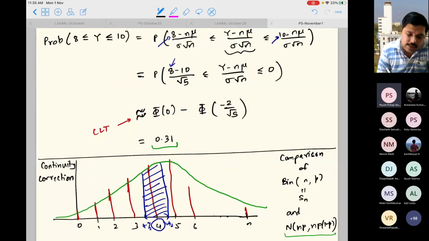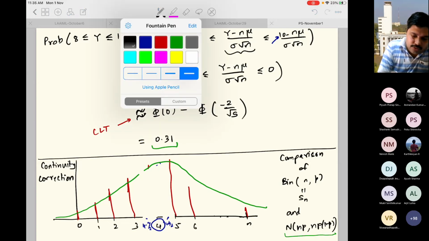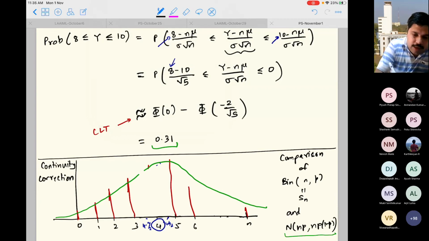See, what really happens is the following. So this is a normal random variable I have here, and for this normal random variable, I really do not care what the probability is at the point x equal to 4, because for a continuous random variable, the probability at a particular point is 0.